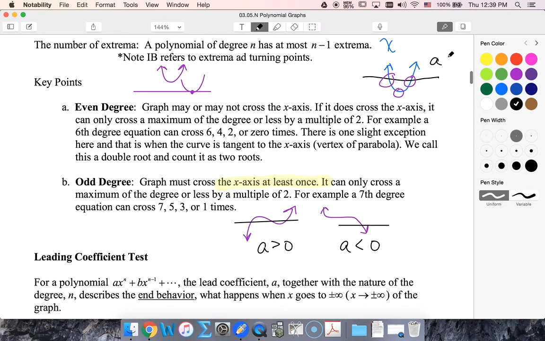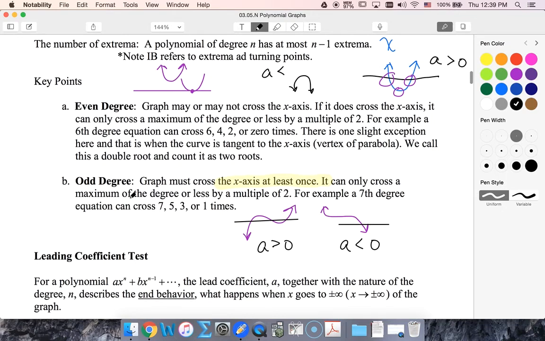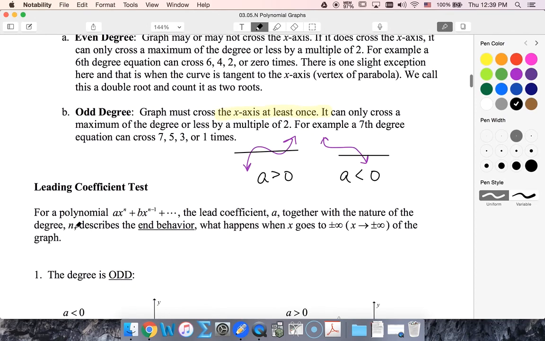Here, my a is positive. I start decreasing and end increasing. Or I can think of it as pointing up on both sides. If a were negative, I would be pointing down. So my leading coefficient, along with whether my degree is even or odd, will help me figure out the end behavior.